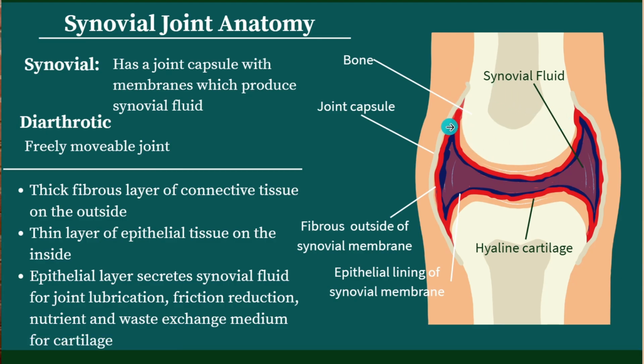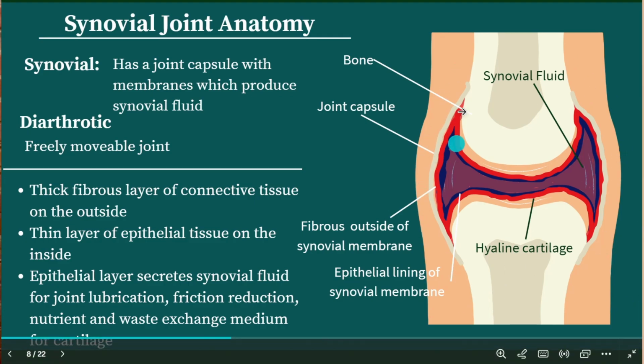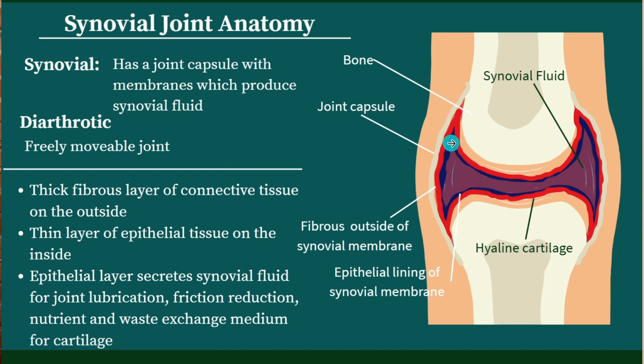We've got the joint capsule, which is made out of really fibrous, tough connective tissue. And then on the inside, you've got another layer, the outside membrane layer.